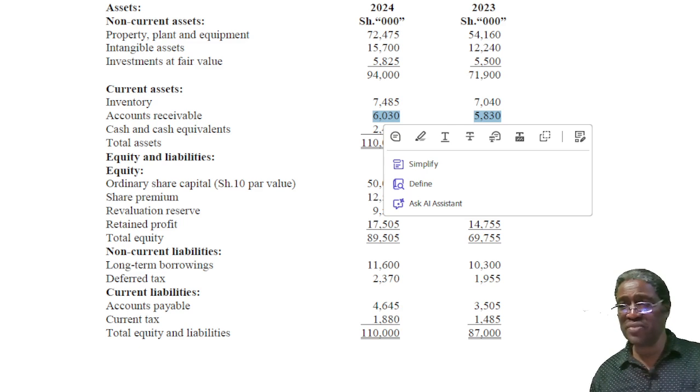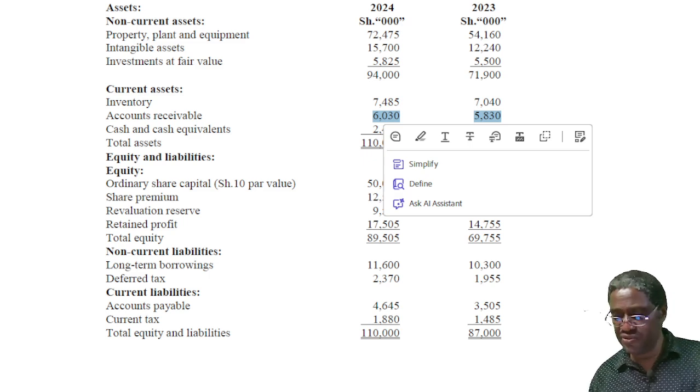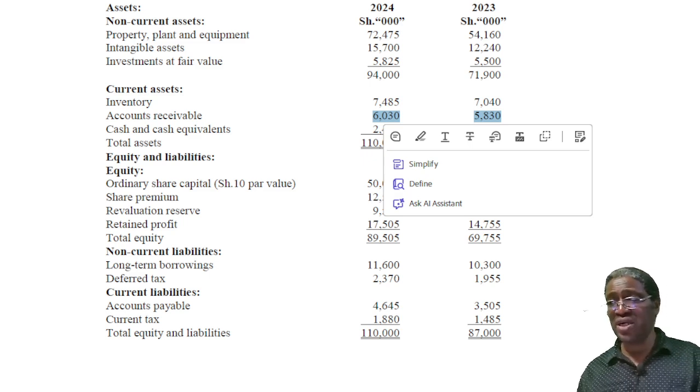So let's do the same. Looks like another increase. We come and see an increase in accounts receivable. Let me take this year 6030 minus 5830. Looks like an increase of exactly 200.